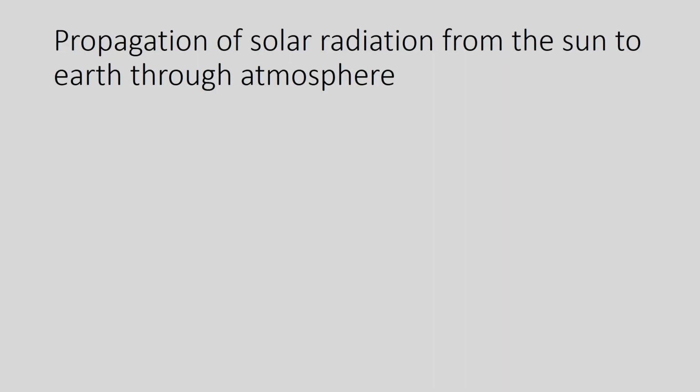Now, we will study how radiation is propagated from the sun to the surface of the earth. So, if we draw the sun here, okay, this is the sun, and we will have the earth atmosphere here, okay, and the earth is here. Okay.